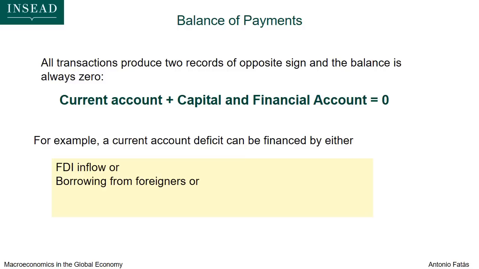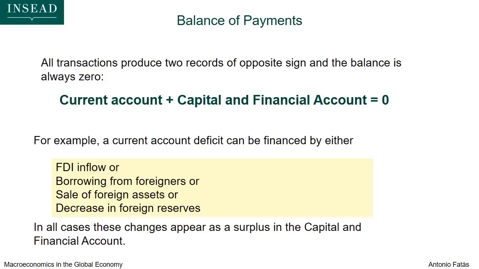Alternatively, we could see that we are borrowing from foreigners to pay for our current account deficit. It could also be that the way we pay for our imports is by selling a foreign asset. Or it could be that we're paying for our imports by decreasing our foreign reserves. Now, these are 4 of the many alternative ways in which one can fund a current account deficit.